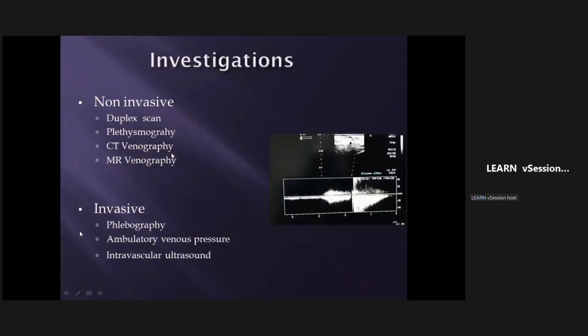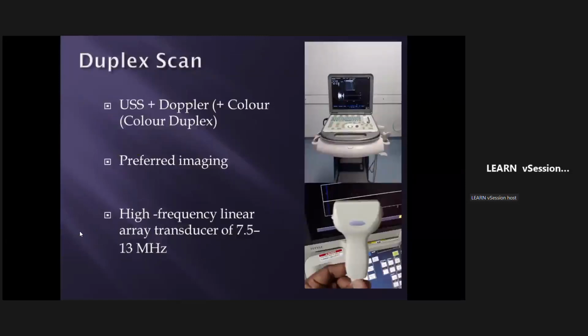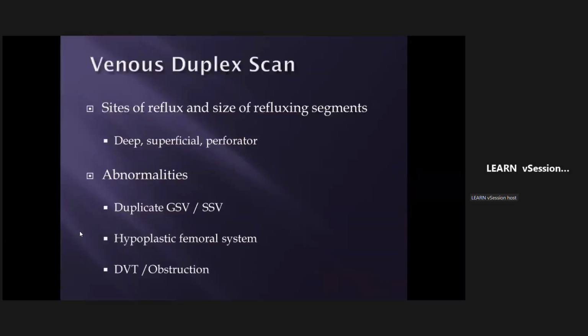What we usually do is a venography, a CT venography. All the other tests are not usually done. Right. So with the duplex scan, you can demonstrate all these things.